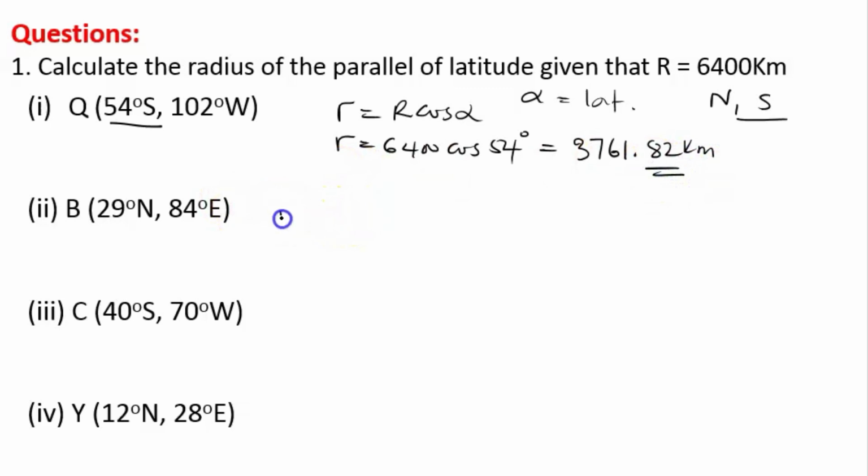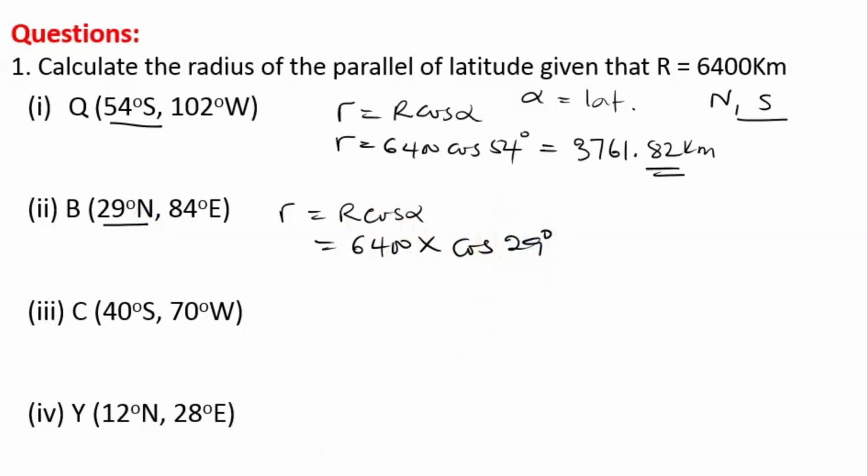Very quickly for this one, we are going to have R cos alpha also, which is 6400 multiplied by cos of the latitude, this 29 degrees.